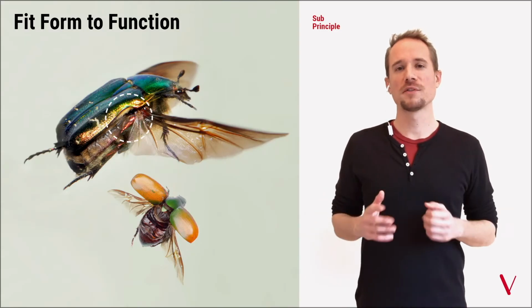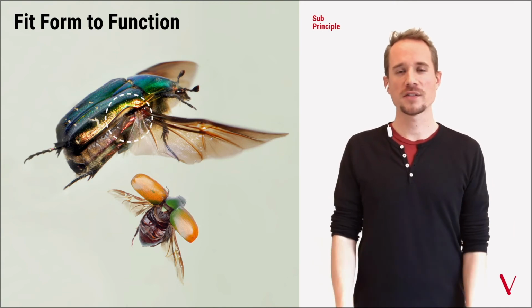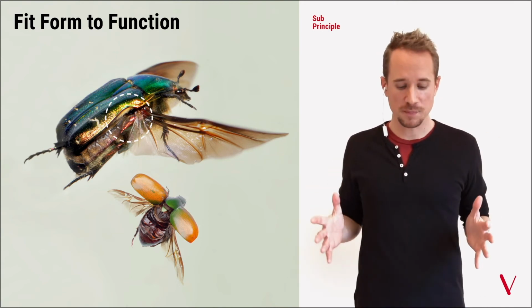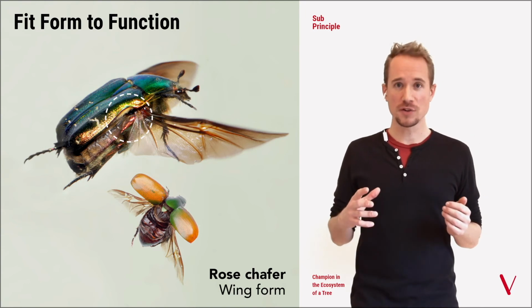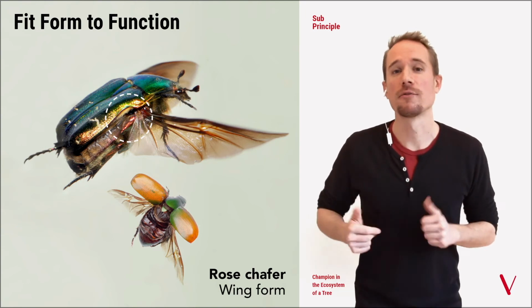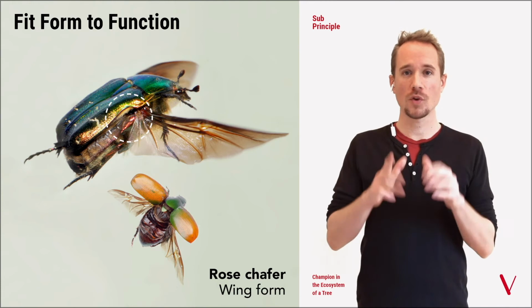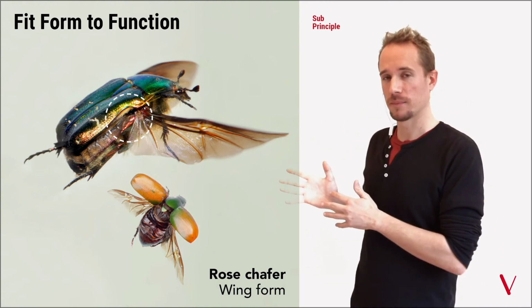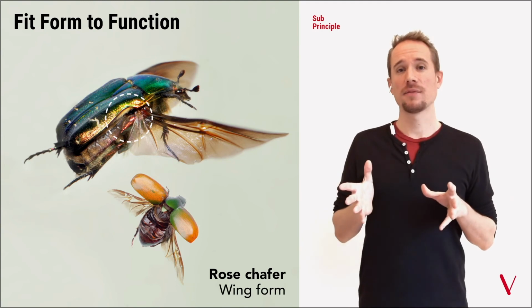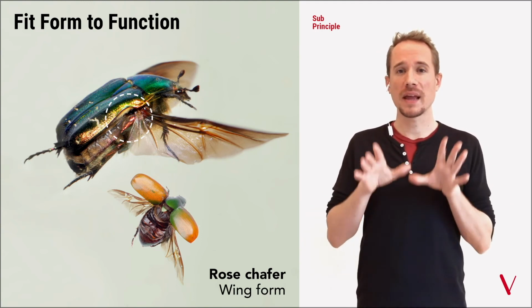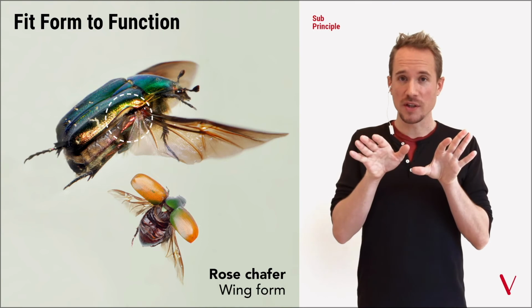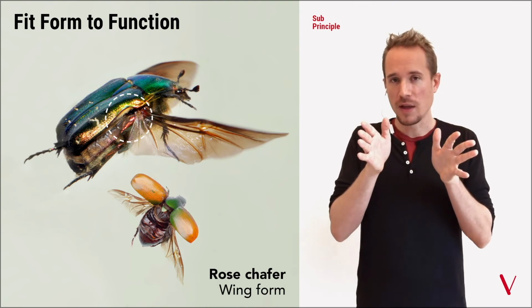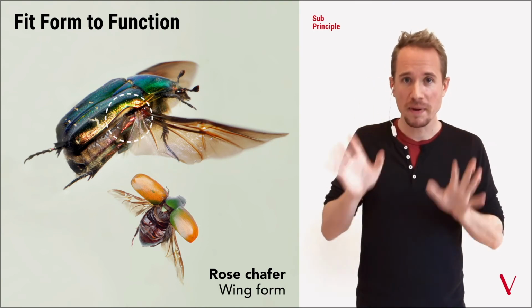Fit form to function. Our example from nature for this principle are rose chafers and their wing form. So chafers are a kind of beetle, and beetles have wings. And like many insects, they originally have 4 wings, so 2 pairs of wings.